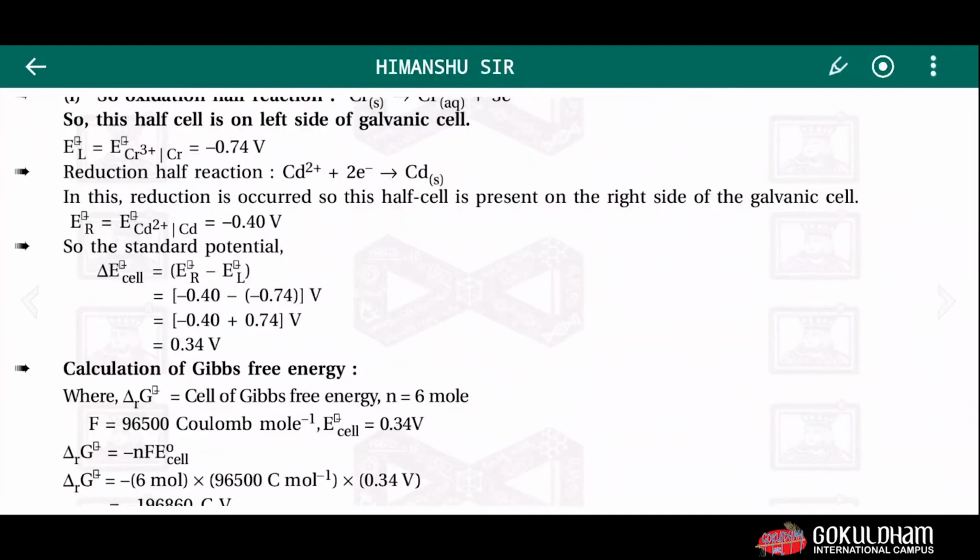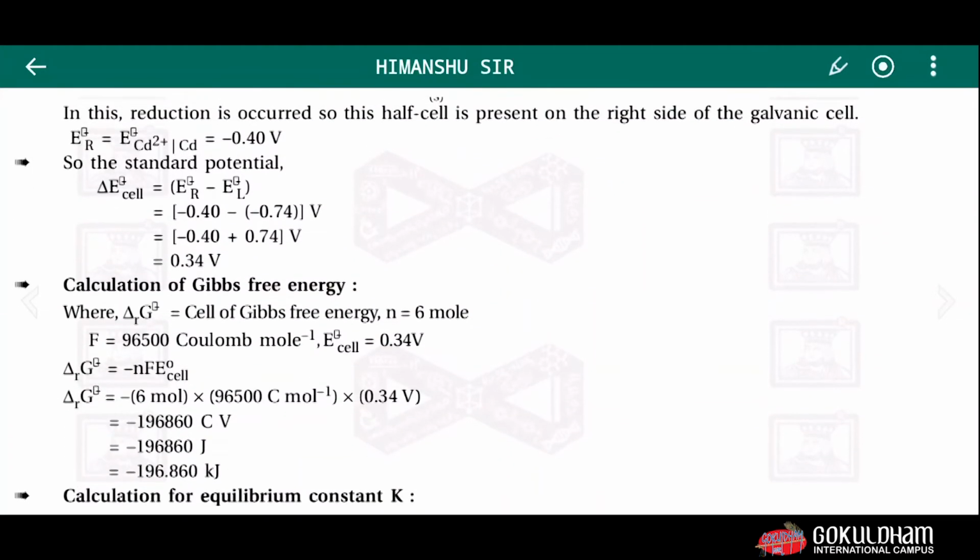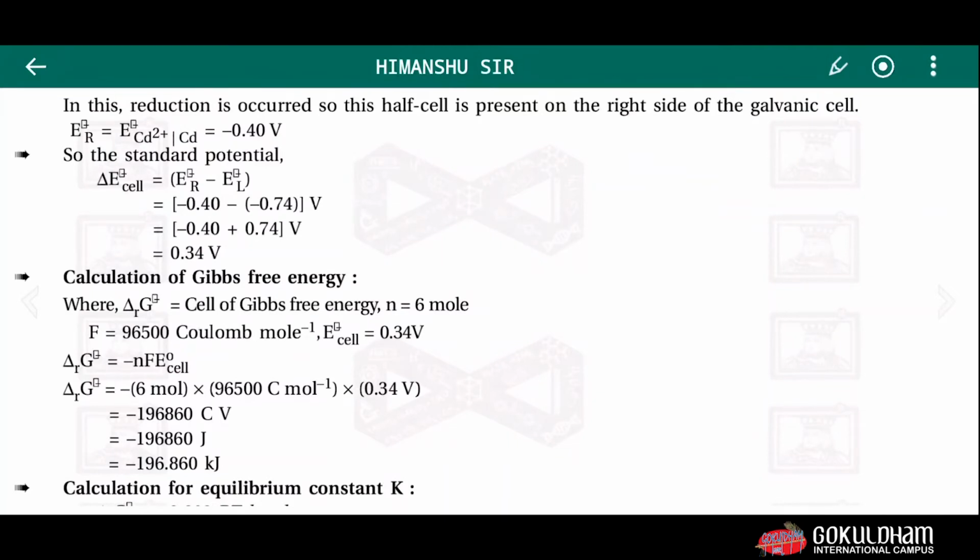Now you have been given E0 cell, the standard cell potential. So the equation of Gibbs energy, delta rG0, is equal to minus nFE0 cell. Here n means the number of electrons, that is 6 mole, into the Faraday constant, whose value you know is 96,500, and the cell potential we saw above is 0.34 volt.